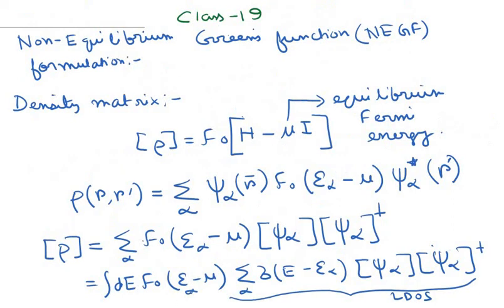Okay, so here also it would be replaced by E because we have the delta function here, so it is correct to replace it by E. So we replace it by E over here.